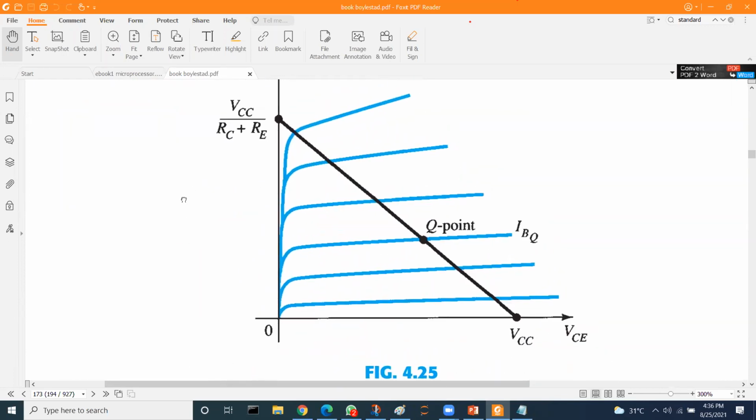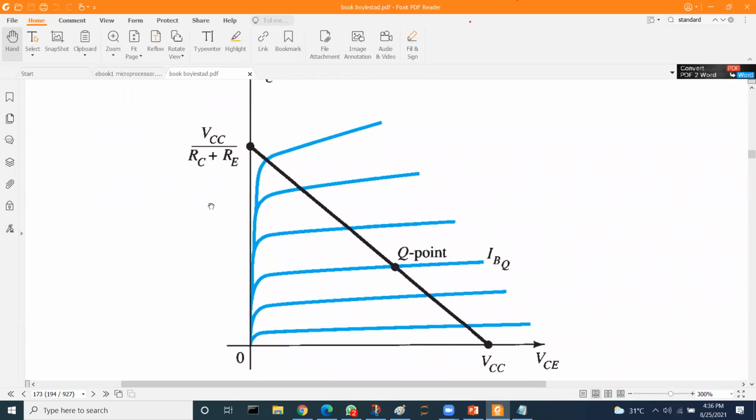As you can see, the only difference in the load line is on this point, in which we have added an emitter resistance as well. The rest of the load line analysis will be the same. So now we go through the example given in the book to use this load line analysis to find the electrical quantities, voltage and current.